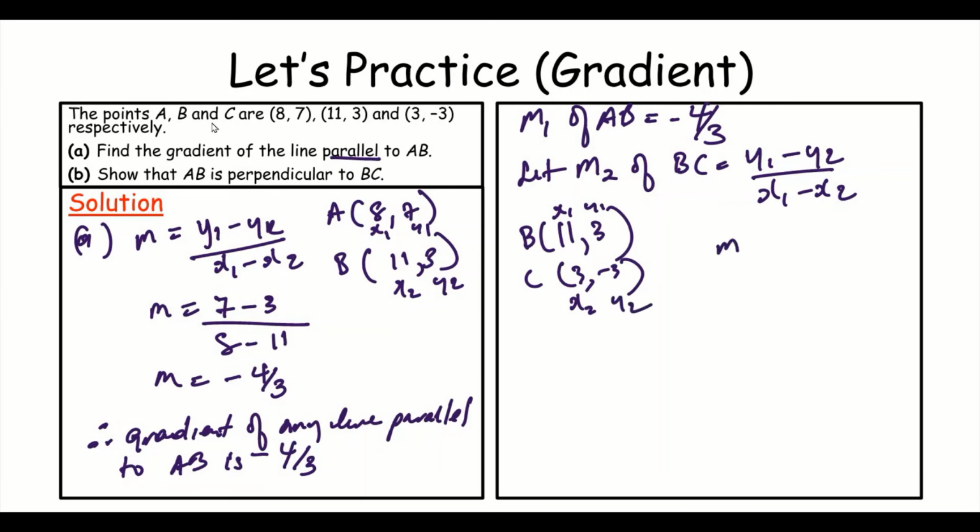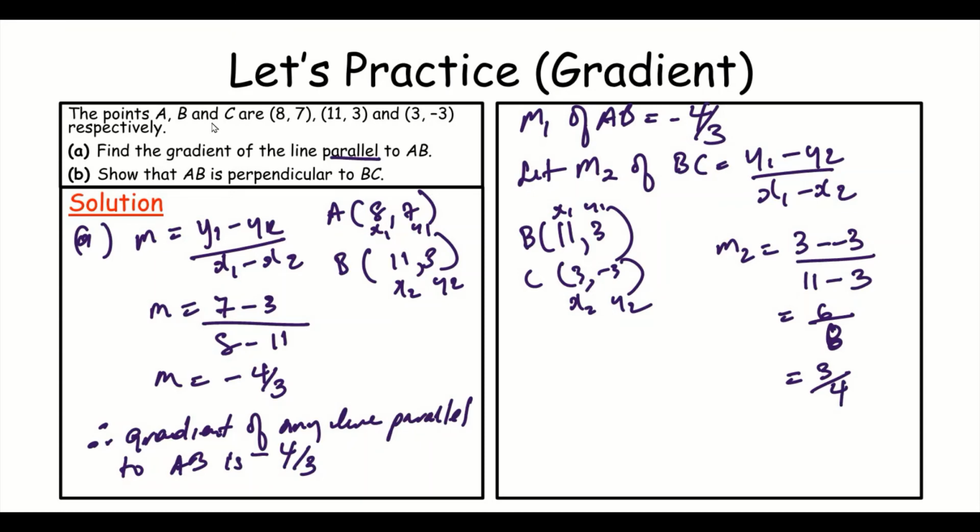So we can have 3 minus negative 3 over 11 minus 3. So that's going to give me 3 minus negative 3, 6 over 11 minus 3, which gives me 8. Hence, we can reduce our fraction to give us 3 over 4.